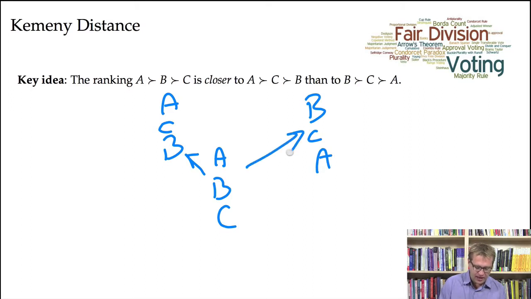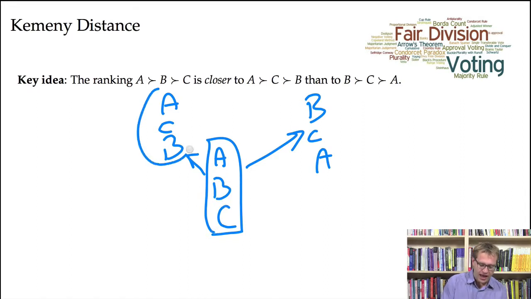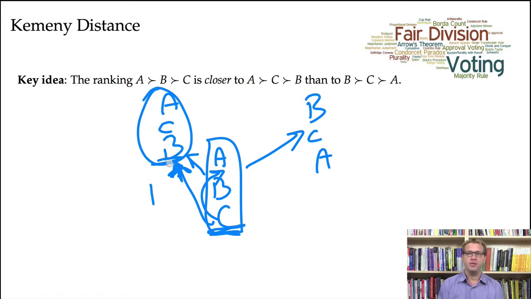Well, if we start with A above B above C, in order to transform this ranking into the ranking A above C above B, all we have to do is move C up one position. So we have to swap B and C. We have to make one move to transform A above B above C into A above C above B.